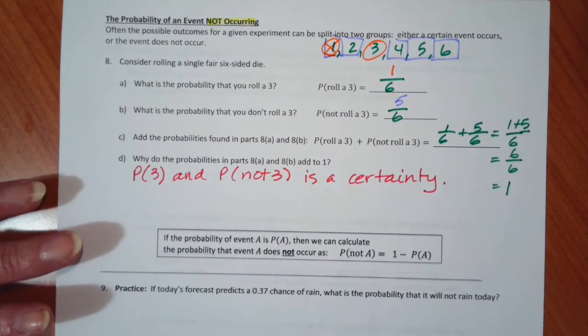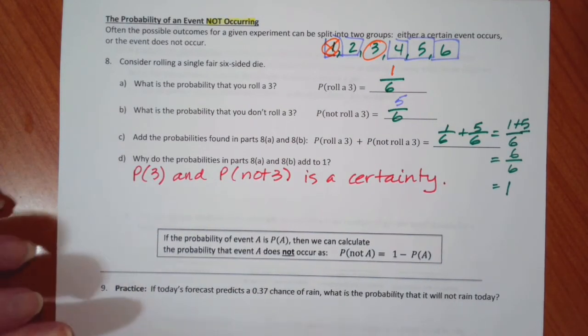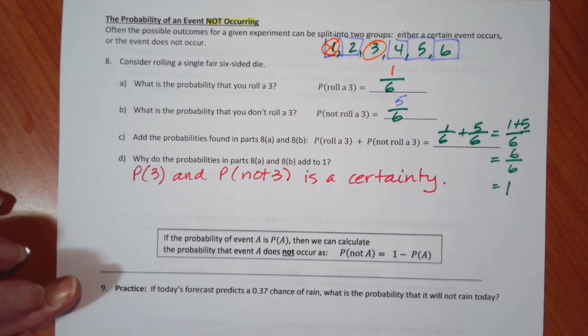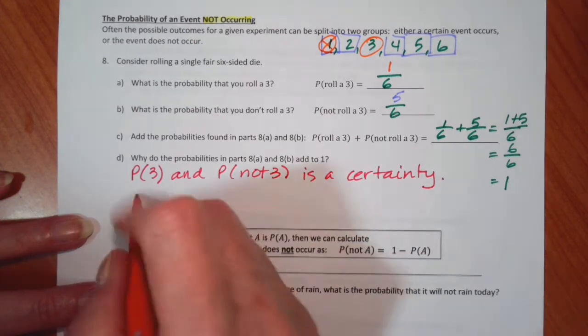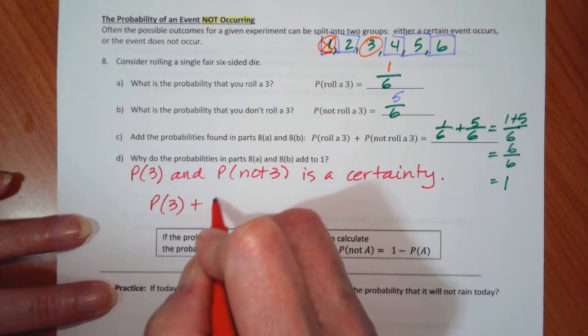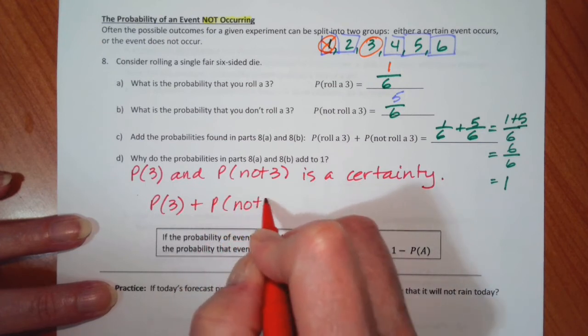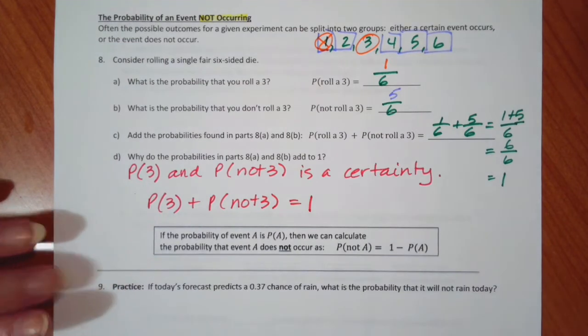It's either going to be a 3 or not a 3. So that means that the probability of the 3 plus the probability of not 3, a certainty, has a probability of 1.